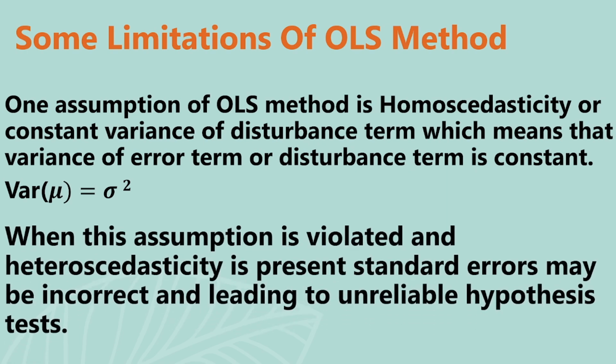When this assumption is violated and heteroscedasticity is present, standard error may be incorrect, leading to unreliable hypothesis tests. Heteroscedasticity is the opposite of homoscedasticity. Homoscedasticity means that variance of error term or disturbance term is constant, and heteroscedasticity means that variance of error term or disturbance term is not constant.